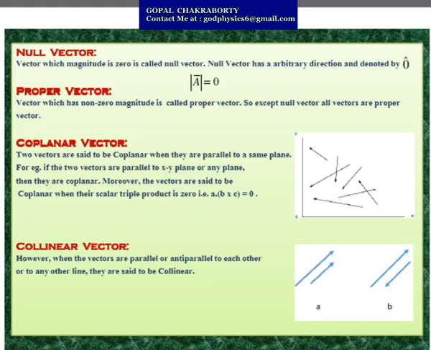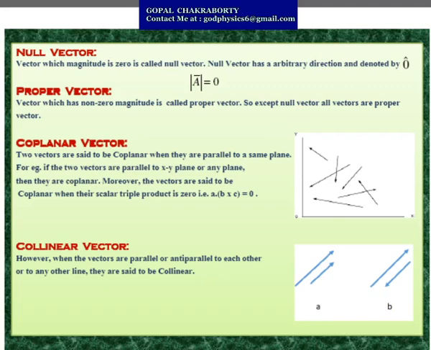Then coplanar vectors. Two vectors are said to be coplanar when they are parallel to the same plane. Here some examples are given. All these vectors must lie on the same plane.